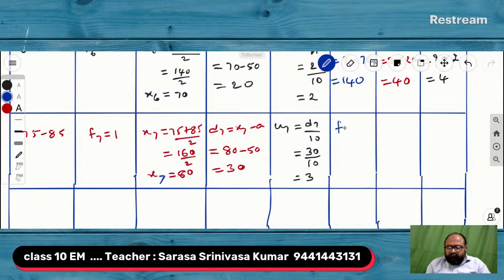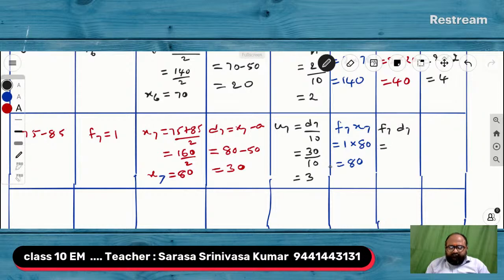This is f7 x7, which is equal to f7, which is 1, multiplied by x7, which is 80. So we get 80. We calculate f7 d7.